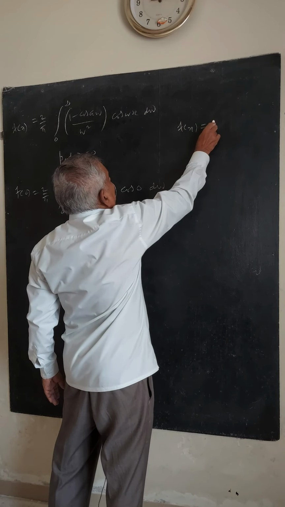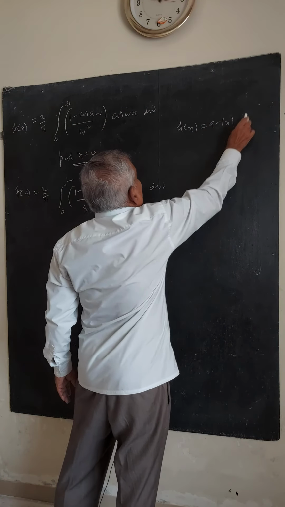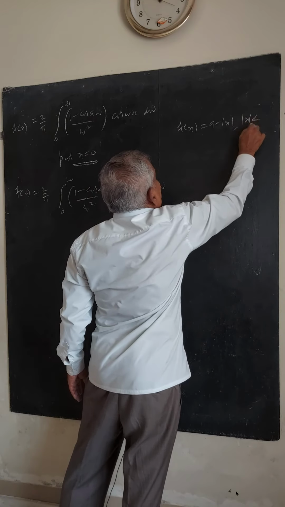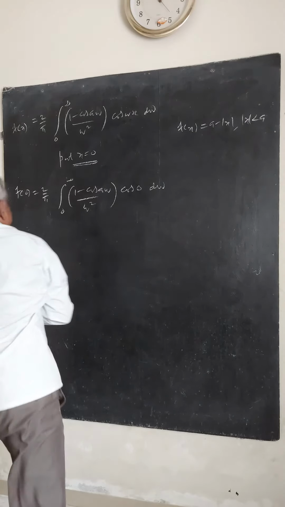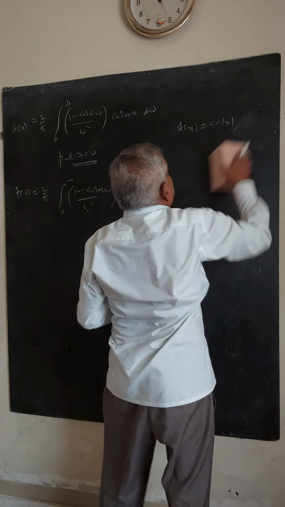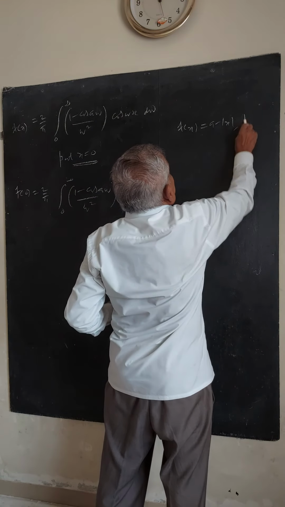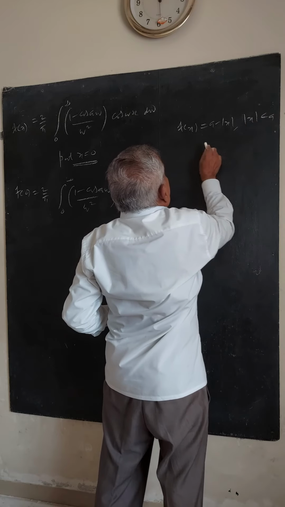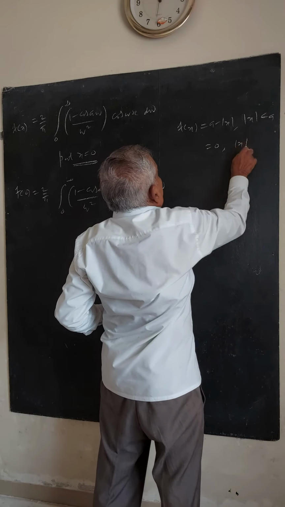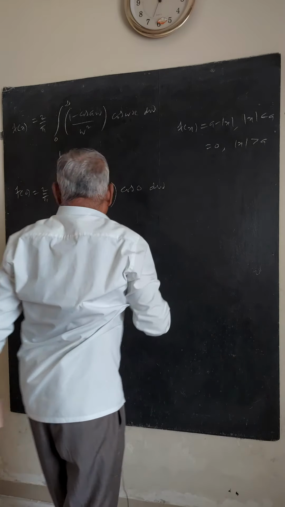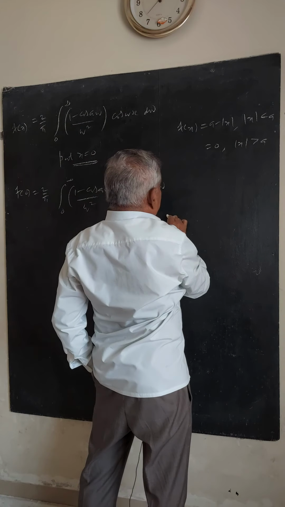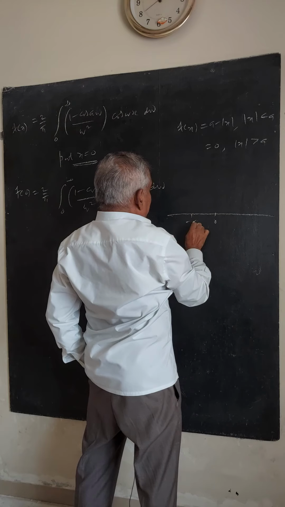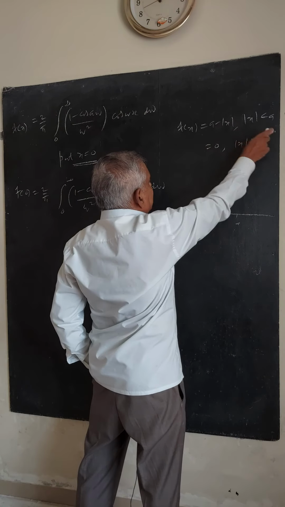f of x equal to a minus modulus of x, for modulus of x less than a, equal to 0, for modulus of x greater than a. This denotes minus a to a.